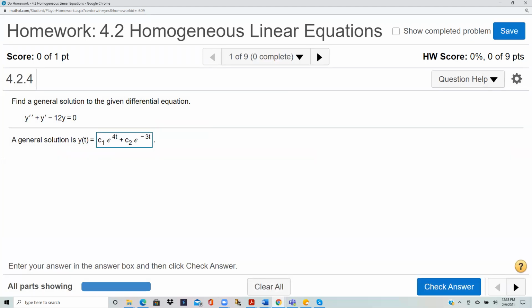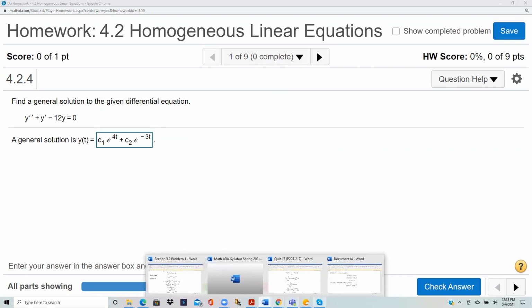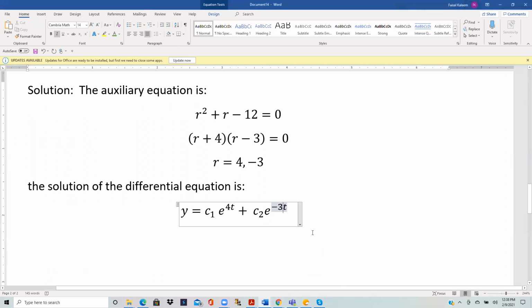I have the roots backwards, so let's go back. And let's see. Okay, r is equal to negative 4 from here, and the other is positive 3.